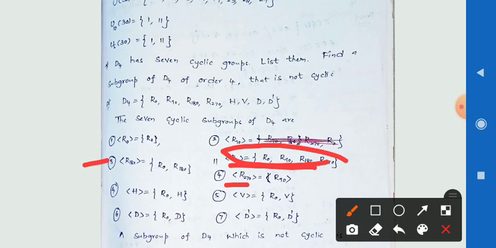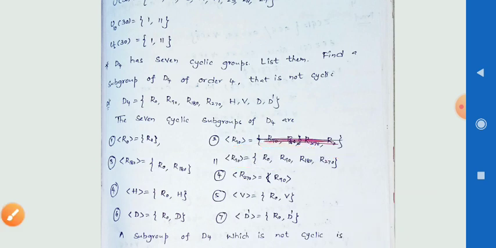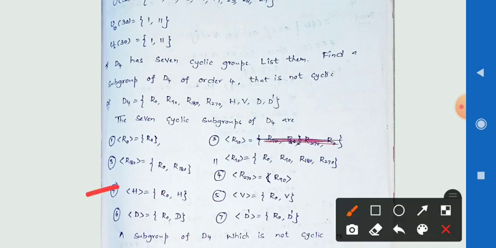Okay. Now the fourth one, the generator H. Here the second and fourth are repeated, so I am counting the repeated ones as 1, therefore these 2 must be counted as 1.